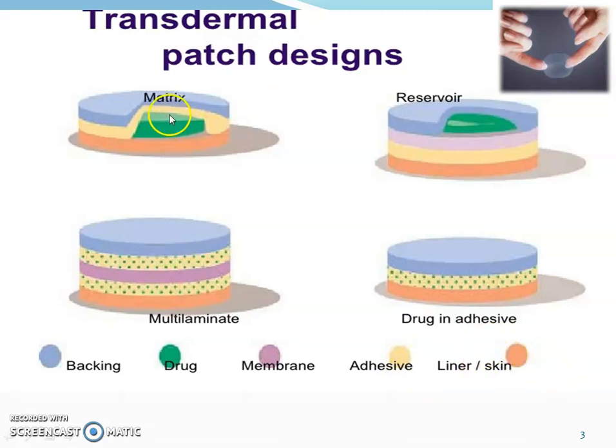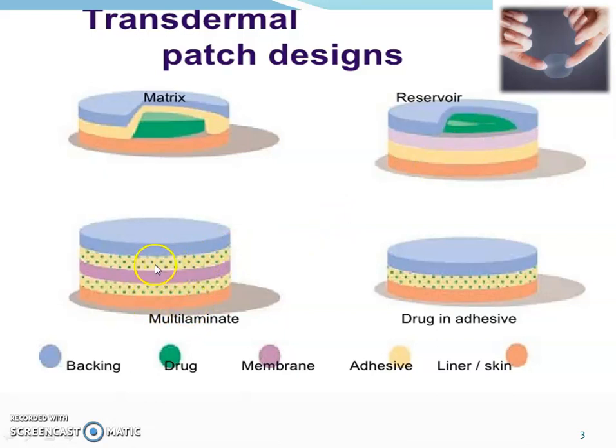So here in this case, it is a matrix type of drug delivery system in which the drug is dispersed into the polymeric matrix here. In the reservoir type, the drug is encapsulated with the help of a polymeric membrane. In the third type, that is a multilaminate, drug reservoir may be present in a multiple type.